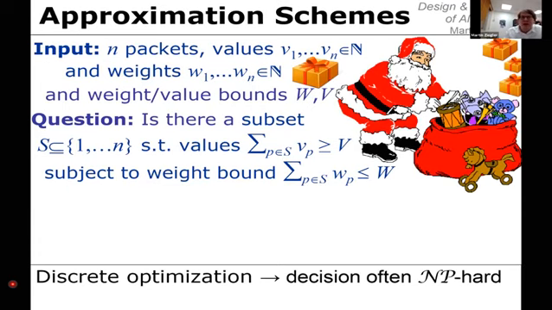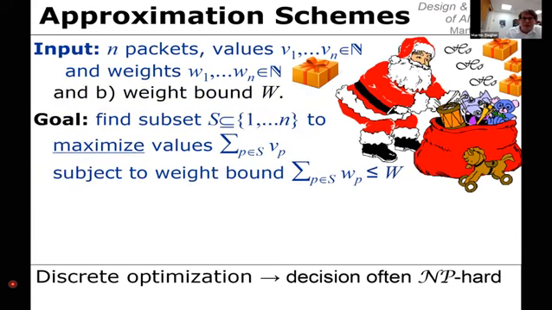Then a knapsack problem can be considered as a maximization problem where the weights are considered as hard constraints. They cannot be exceeded. And the goal is to maximize the values, to choose packets that have the largest possible total sum of values subject to that weight constraint.